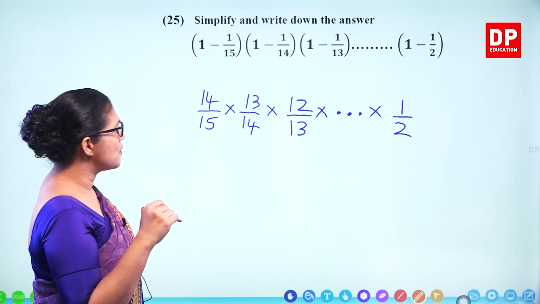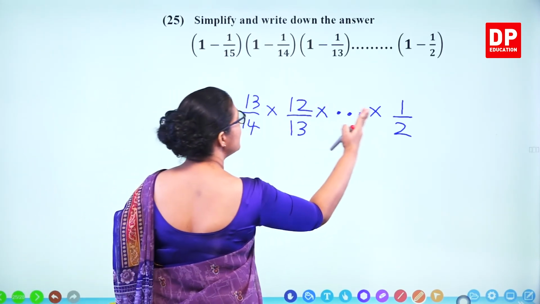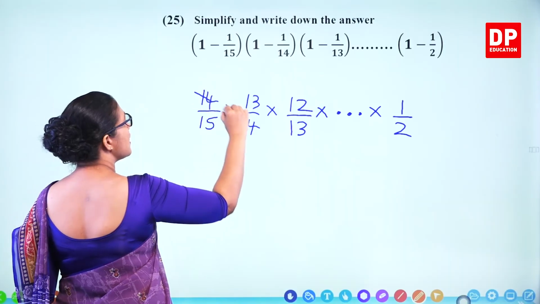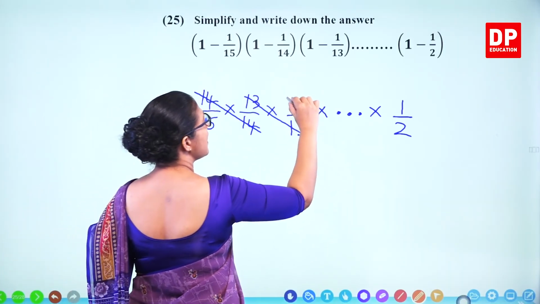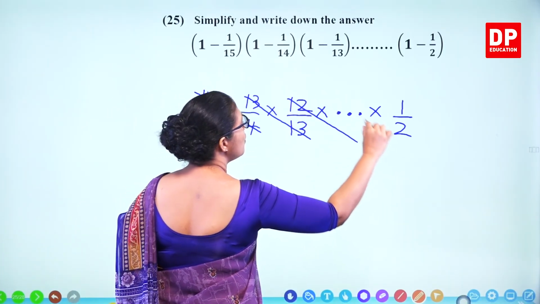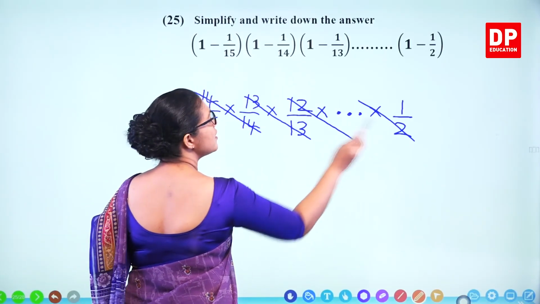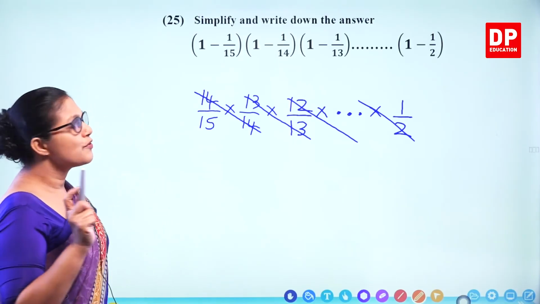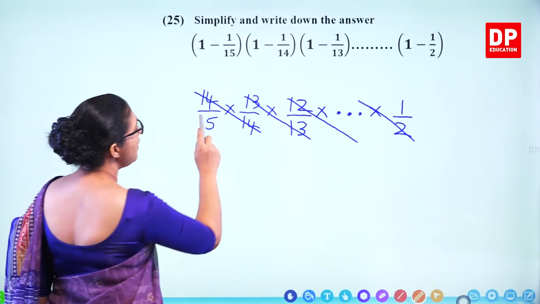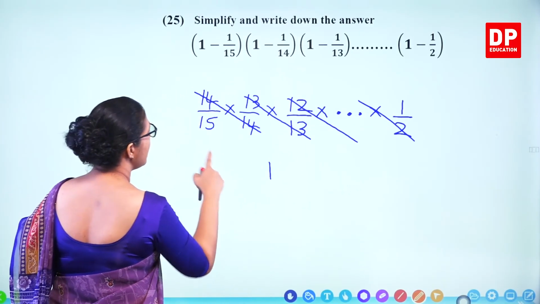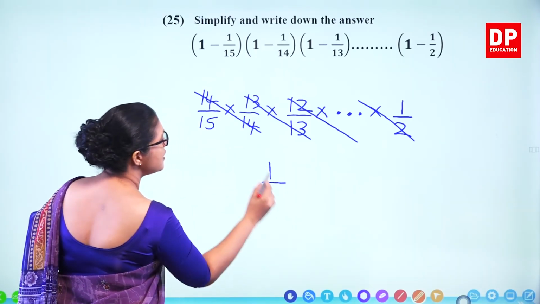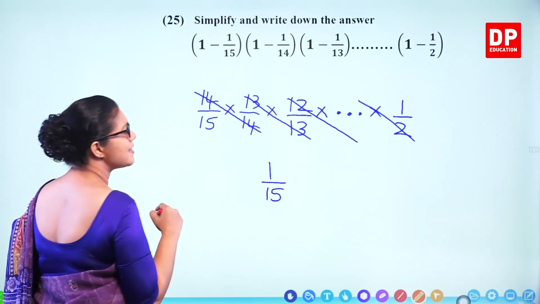Now what happens when you take all values? Can you see? These values get cancelled out. So when you cancel out all these values, it will get cancelled out this value as well. So what is remaining? Only remaining the last value here and the first value of the denominator, 15. So that's the answer.